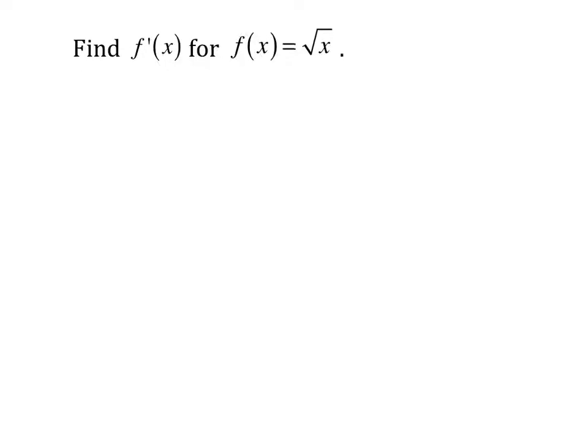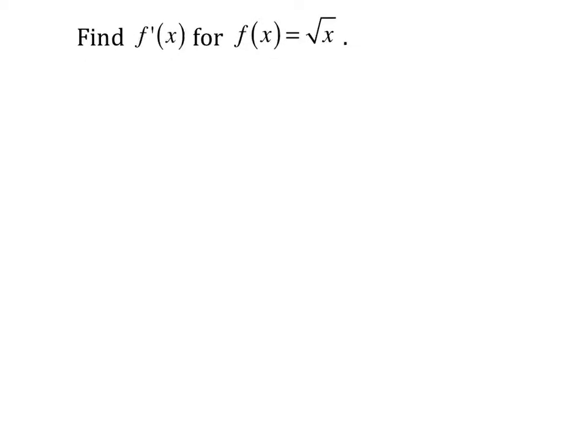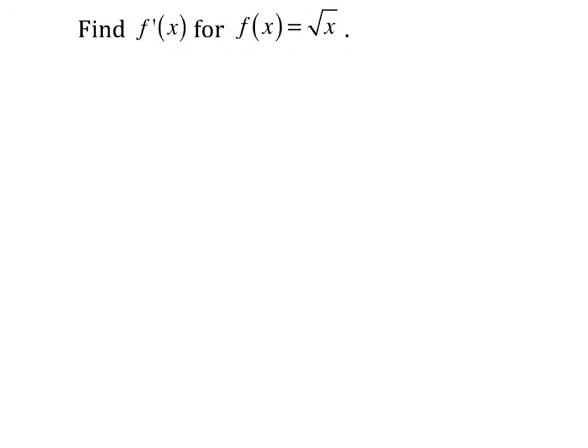Now we have: find f prime of x, or find the derivative, for f of x equals root x. We're going to do the same thing we did before. So f prime of x equals the limit as delta x approaches 0 of root x plus delta x minus root x, all over delta x.